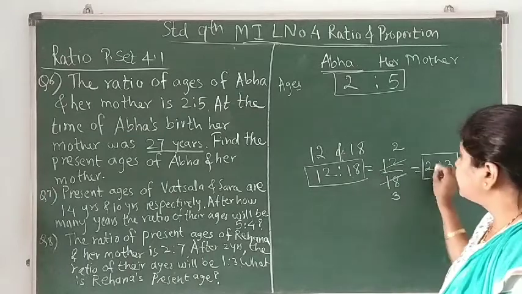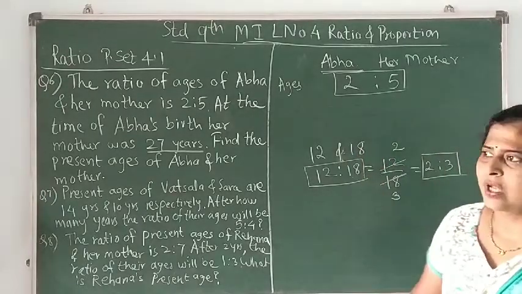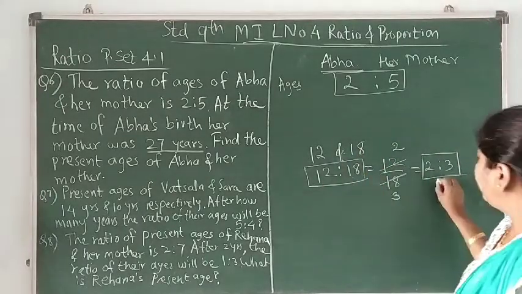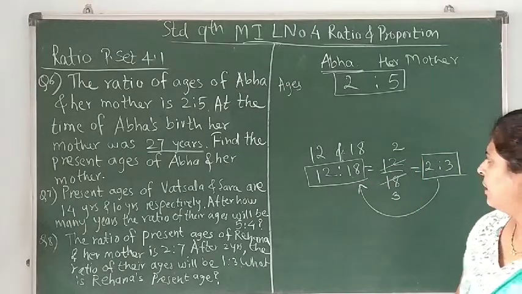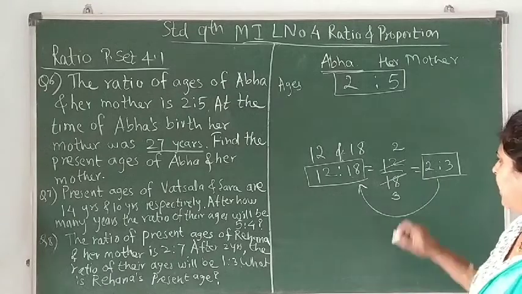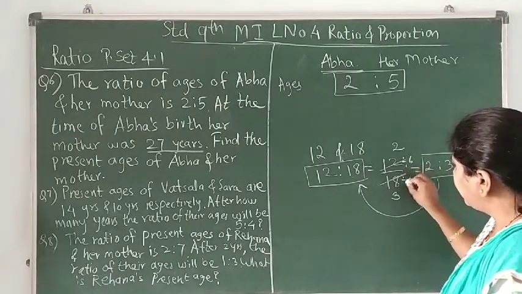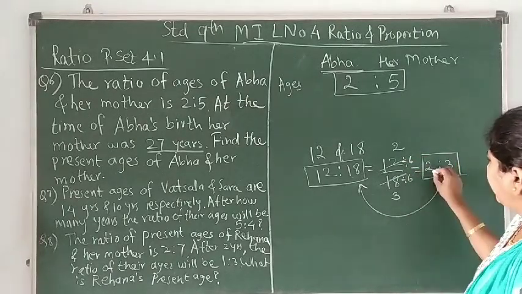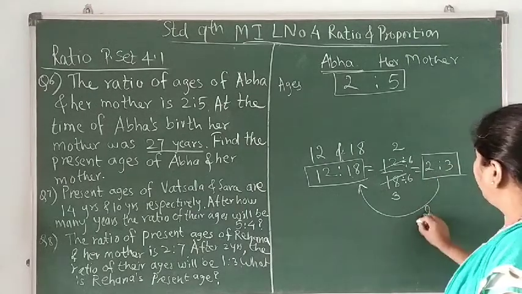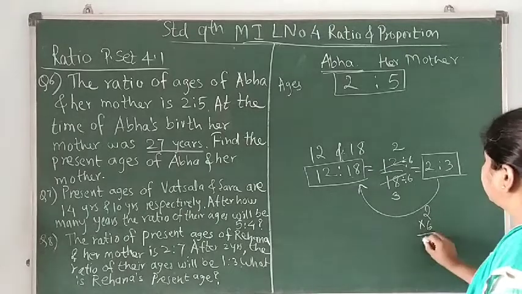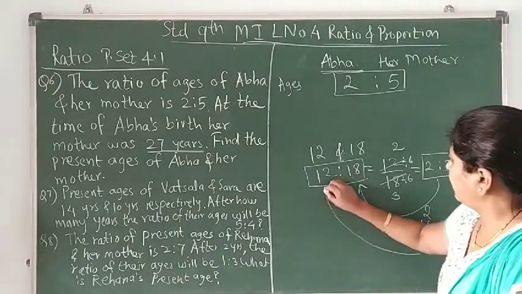So ratio doesn't mean the actual numbers. Actual numbers are something different. So from this ratio, if we want to find the actual numbers, how can we find? By which number have we divided? Both the numbers we have divided by 6. So if we multiply the numbers in the ratio by 6, if I multiply this 2 by 6, I'll get 2 6s are 12, which is the first number.